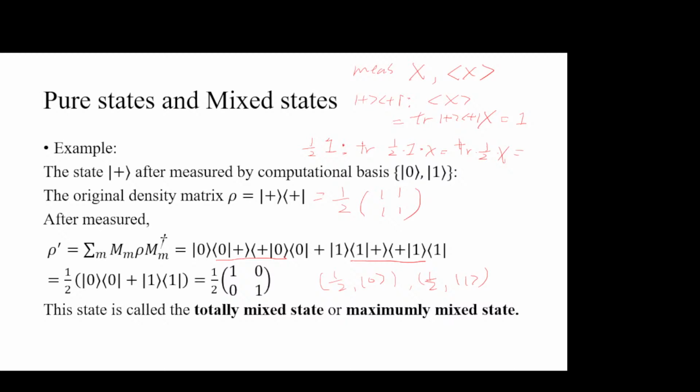Because identity times x equals x, and this is just equal to 0, because we know that the trace of the x operator equals 0.